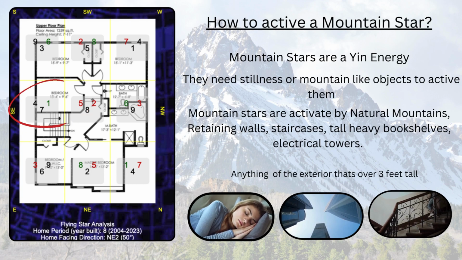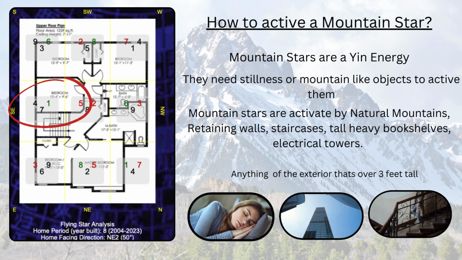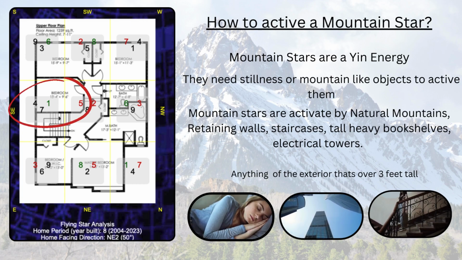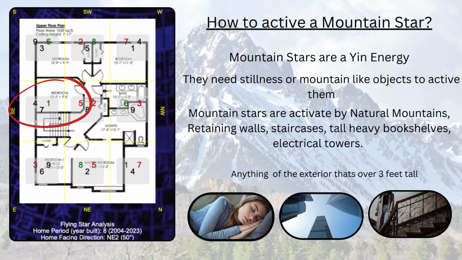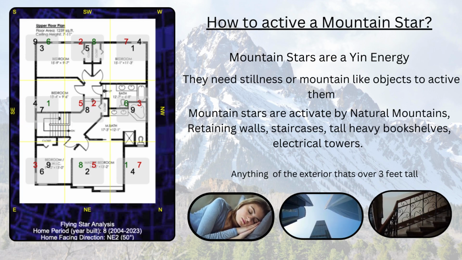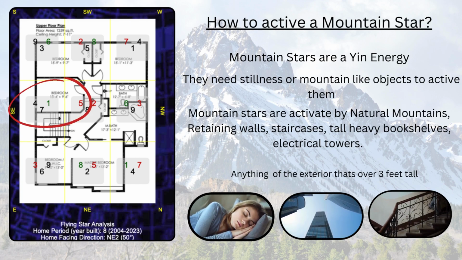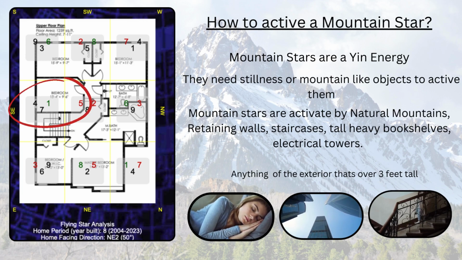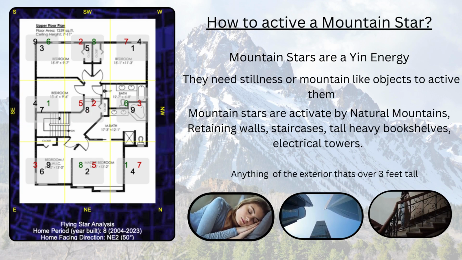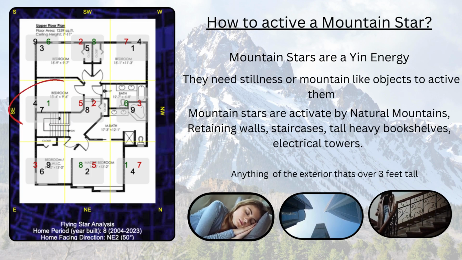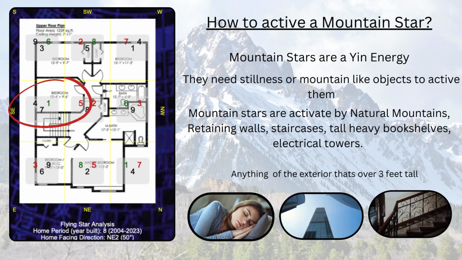But again, with the mountain star, you want to observe your exterior and what's around your home, because things such as electrical towers, those types of objects will activate your mountain star, especially if you're in the city and you've got large skyscrapers next to you. That's all going to activate those numbers.